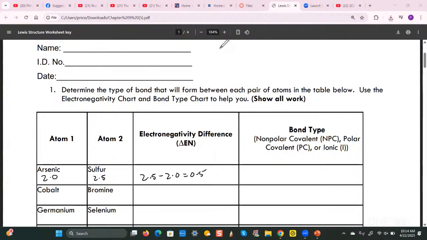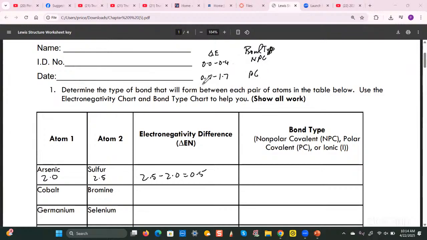Now remember the criteria, let me write it up here. If the difference in electronegativity is 0.0 to 0.4, then the bond is non-polar covalent, NPC. If the difference is 0.5 to 1.7, then the bond is polar covalent.